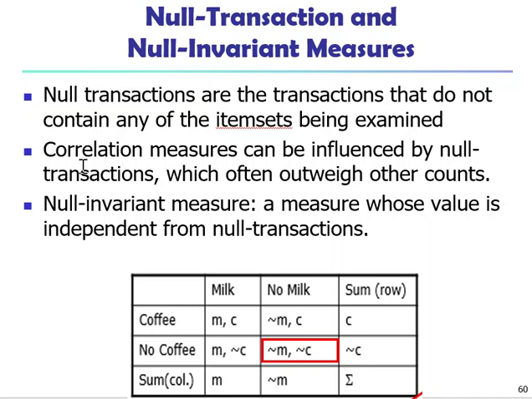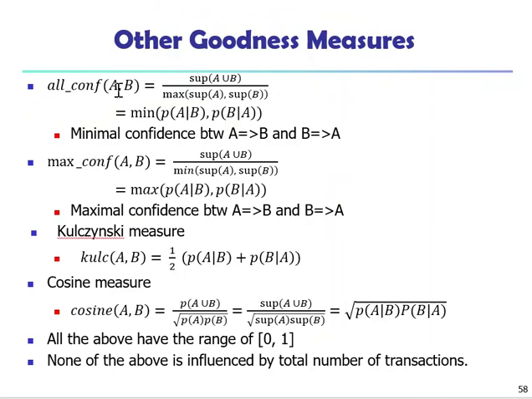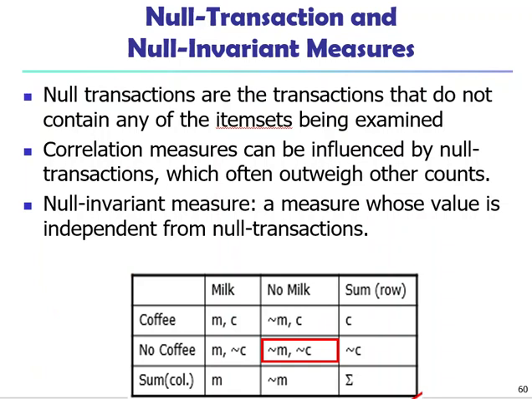So they are actually not non-invariant measures. Non-invariant measures are the measures whose values are independent from non-transactions. The set of measures that we introduced here, all conf, max conf, Kulc, cosine, if you look at the formula for how to compute them, you will realize those are non-invariant measures. They are not affected by non-transactions.